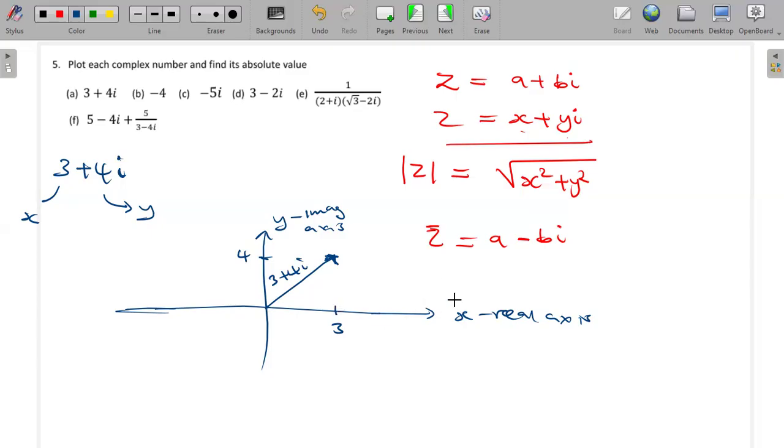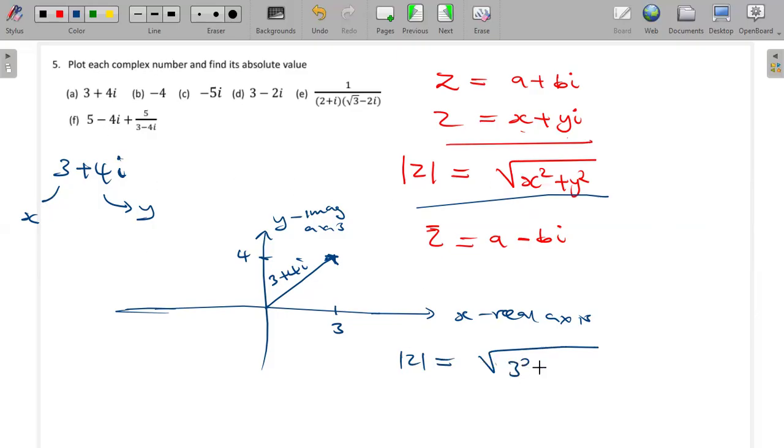So now, after writing that, they're telling us to find the absolute value. So meaning they're telling us to use this here to find that absolute value. So what are we going to do? The absolute value of our complex number, which we're saying z, our x in this case is 3.